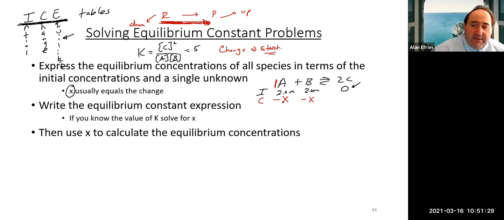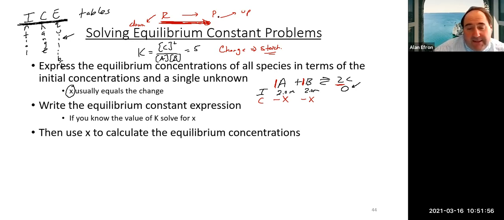This coefficient here is 1, which is why this is 1x. But when we come to our product side here, we don't have a 1 as a coefficient. We have a 2. So you do need to take that coefficient into account when you do the change part, because really what that is doing is your mole to mole relationship for you. So it's very important to take that into account.